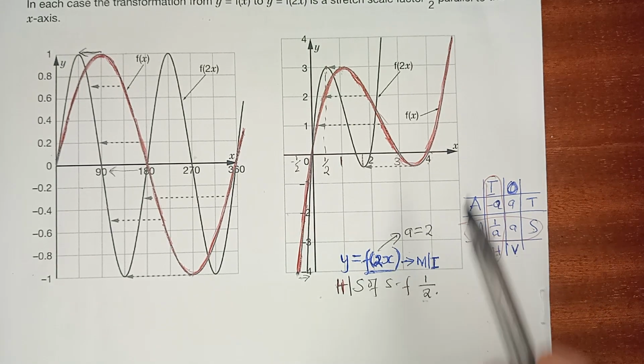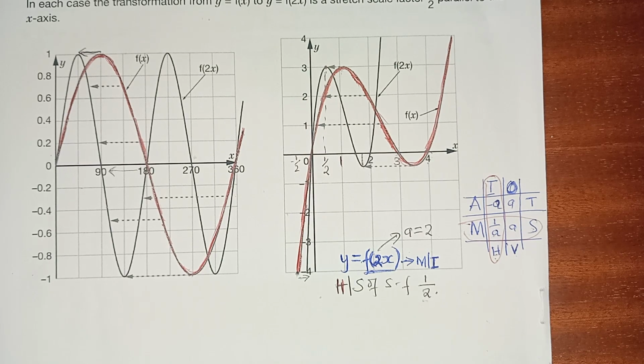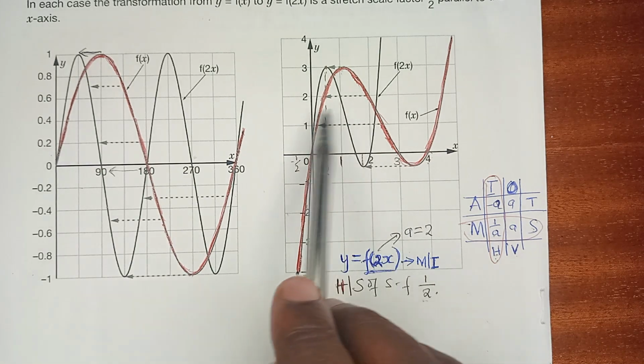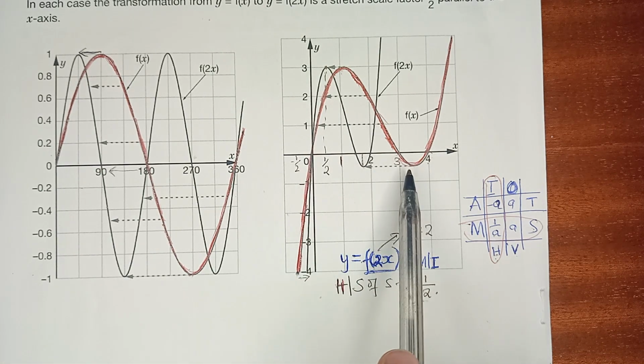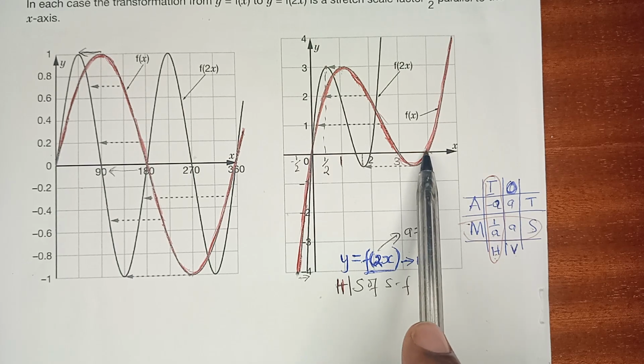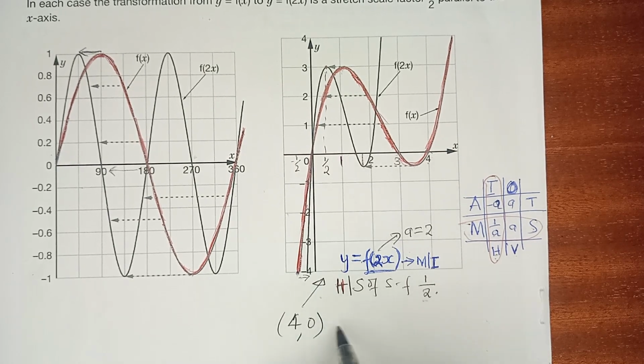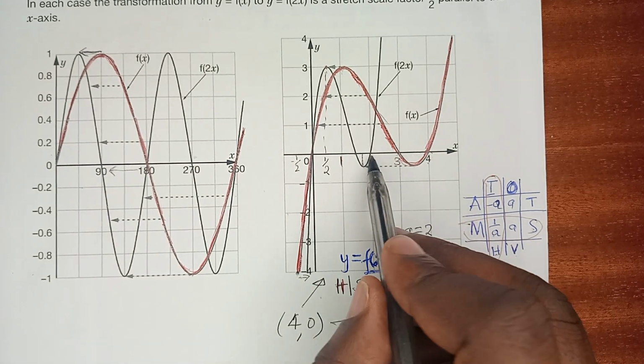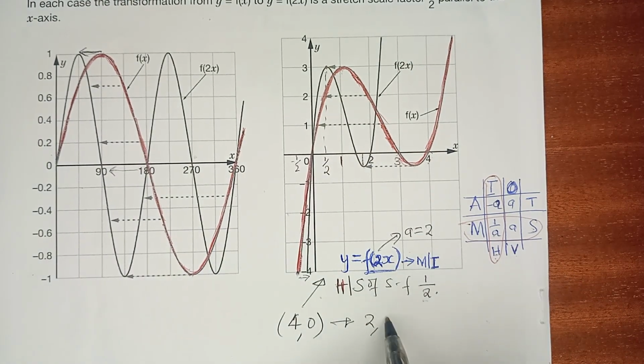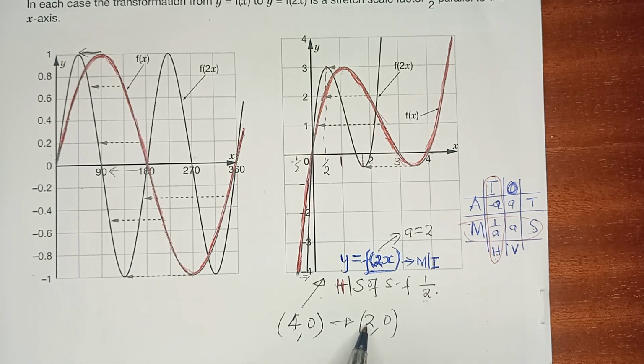And therefore, you can see now how our explanation is. And I would want to probably highlight one of the points, like this one. Let me use this point, at least the point 4, 0 in this graph becomes this point, which is 2, 0. Obviously, you can see 4 translates to 2, meaning that 4 has been multiplied by half.